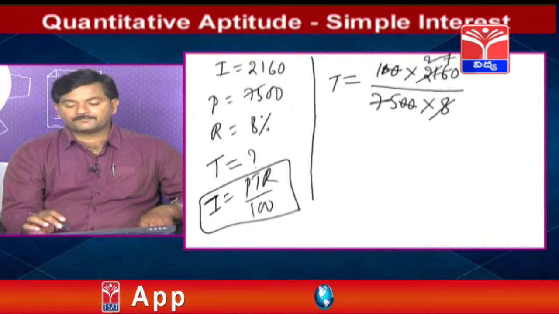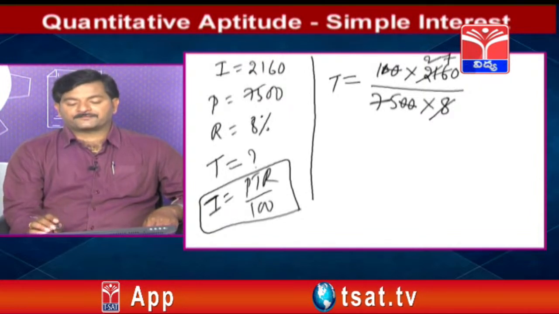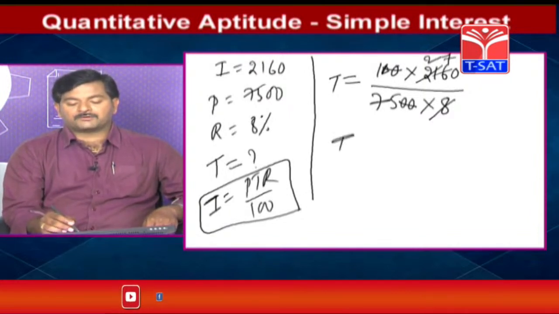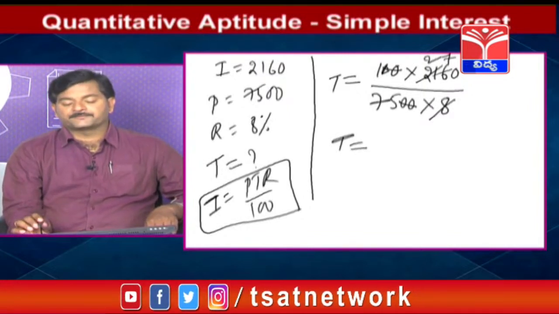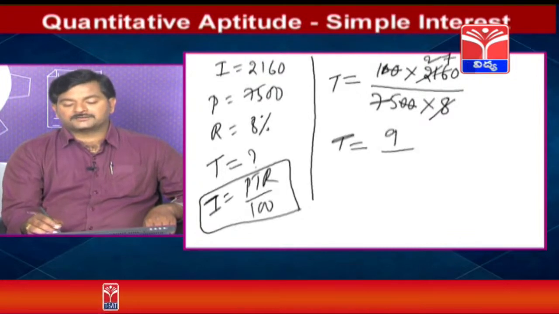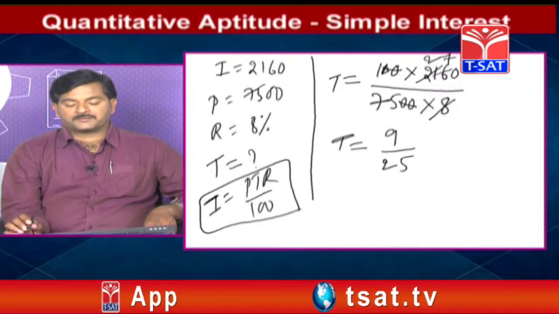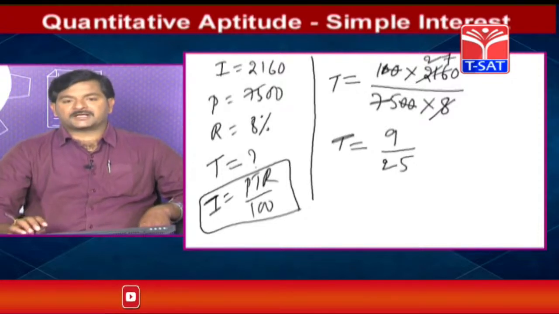Then T is equal to 27 by 75. T is equal to 27 by 75. Still we can cancel by using the 3 table, right? So 3 9s are 27, 3 2s are 6, 3 5s are 15. So 9 by 25.